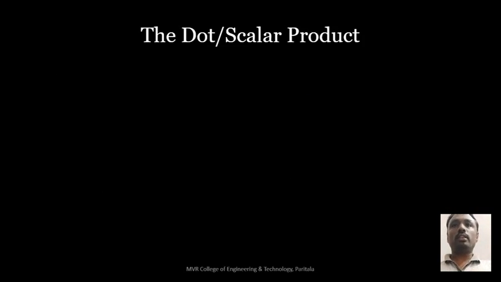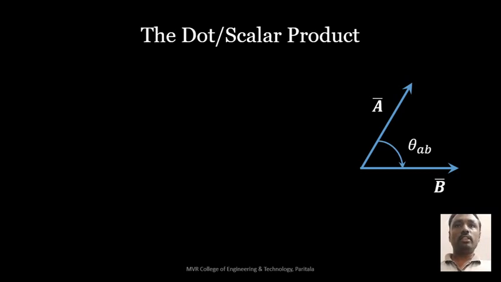So coming to the dot product. Let us take a vector A and a vector B, and let us assume the angle between A and B is theta AB. So now we know the magnitude of A and the magnitude of B and the angle lying between them.